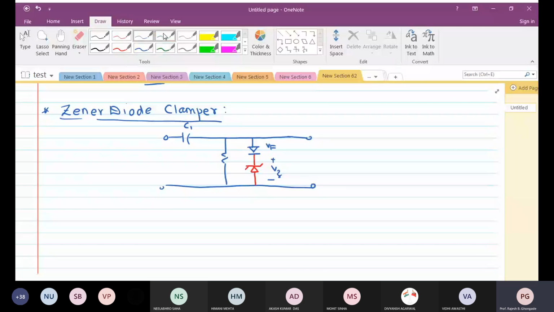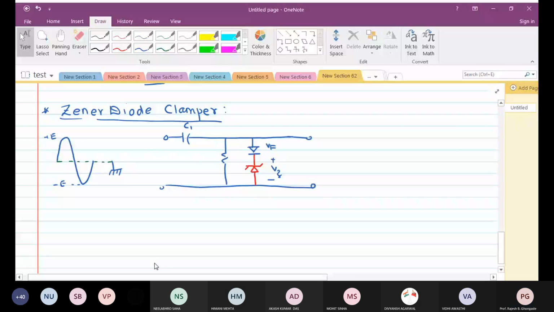If I look at the input waveform and the corresponding output waveform, this is plus E, this is minus E, and the output is going to be something like this.